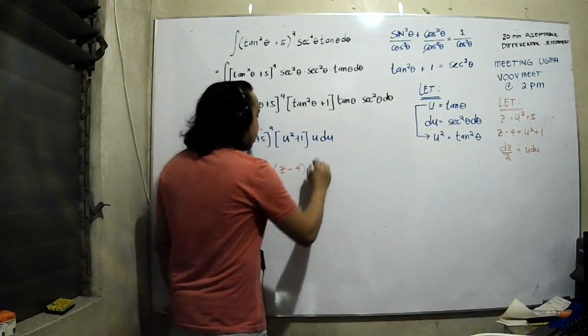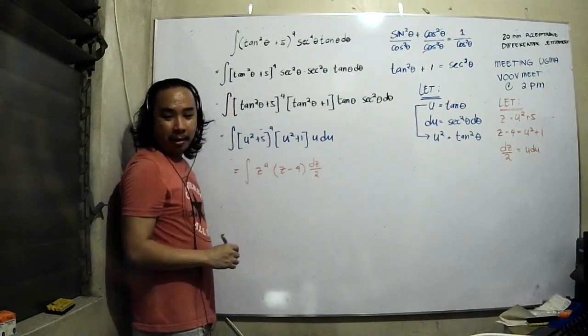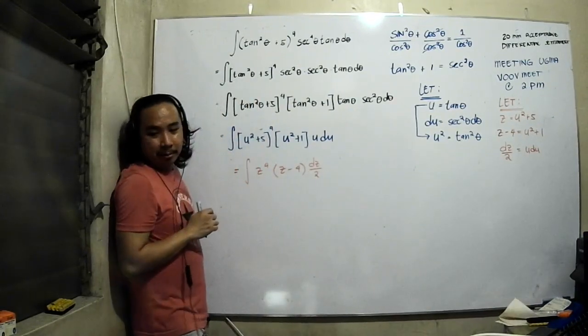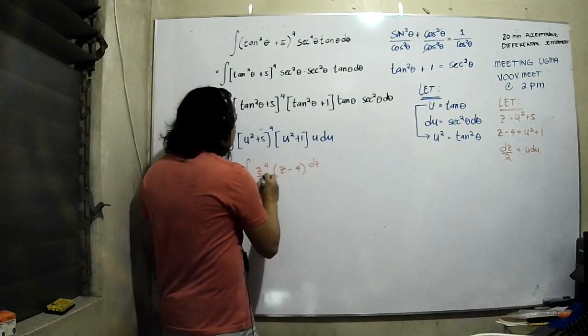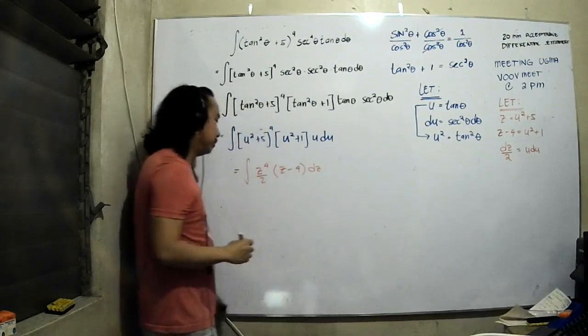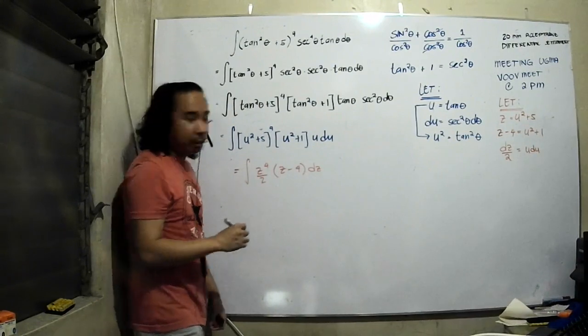u du is dz over 2. Okay. So, I distribute z to the power 4 divided by 2.